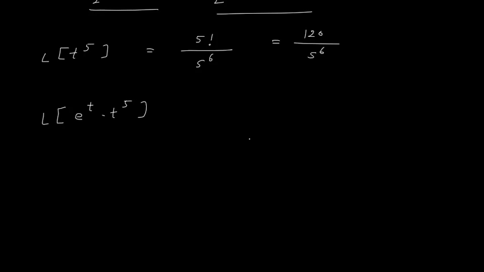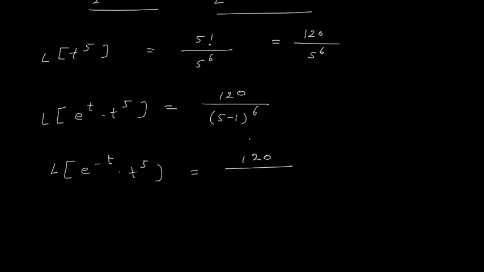So using first shifting theorem it will become 120 upon s minus 1 the whole power 6, and Laplace transform of e power minus t into t power 5, this will become 120 upon s plus 1 the whole power 6.